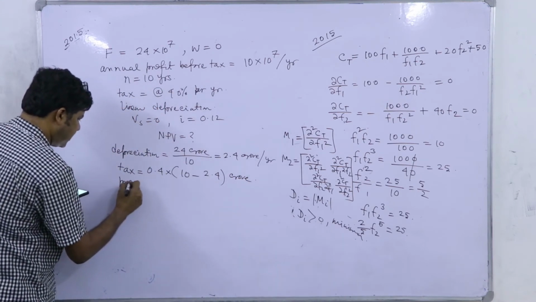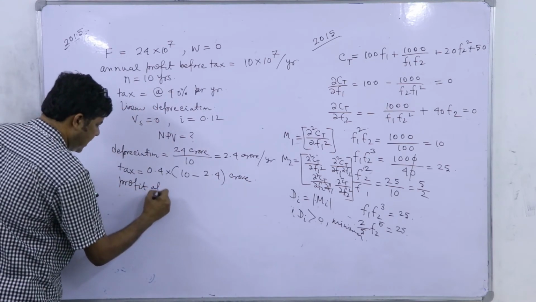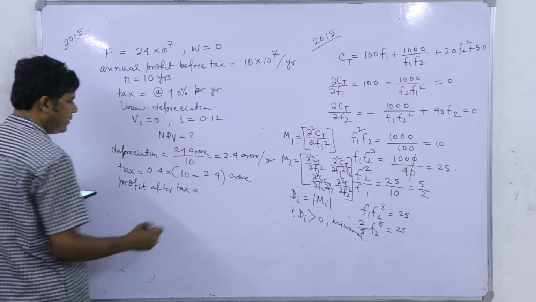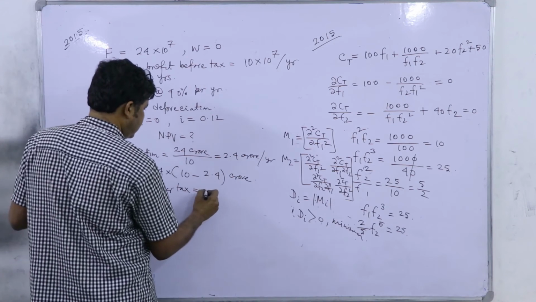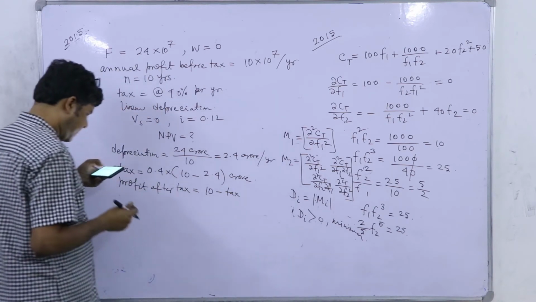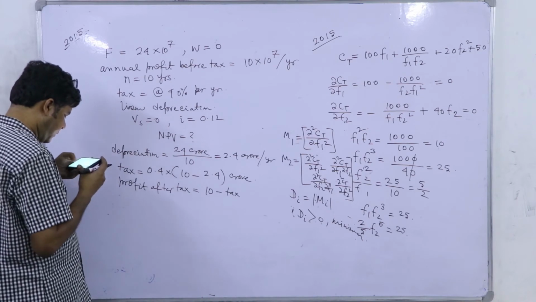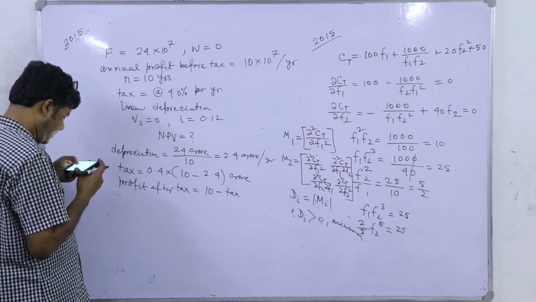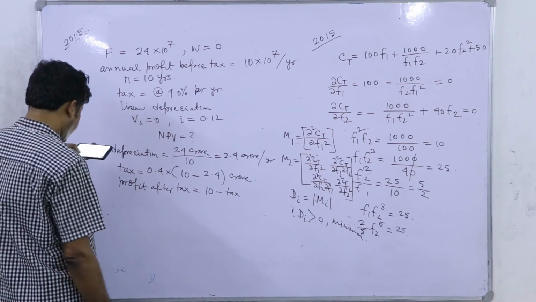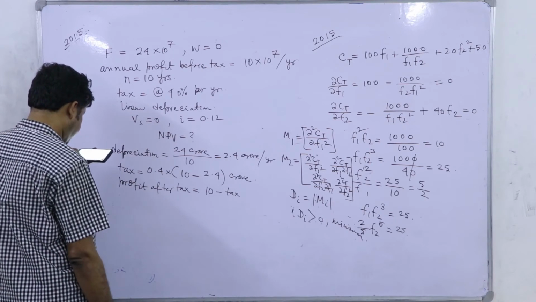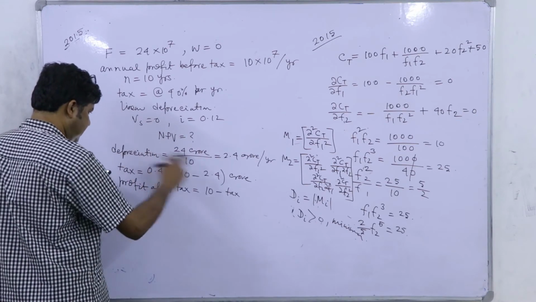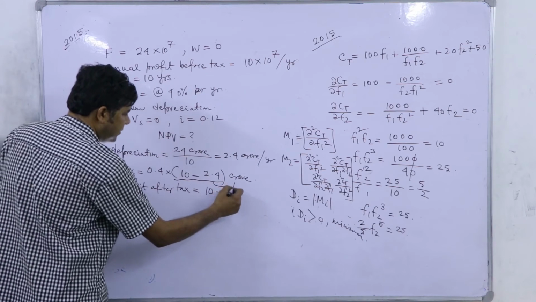So, profit after tax is 10 minus tax. So, this will be 10 minus tax, that is the profit before tax, and basically this is the taxable profit.